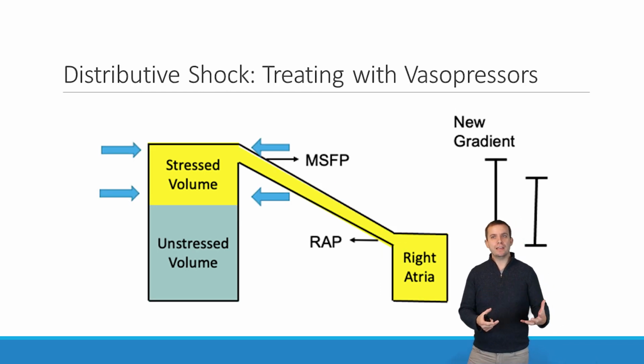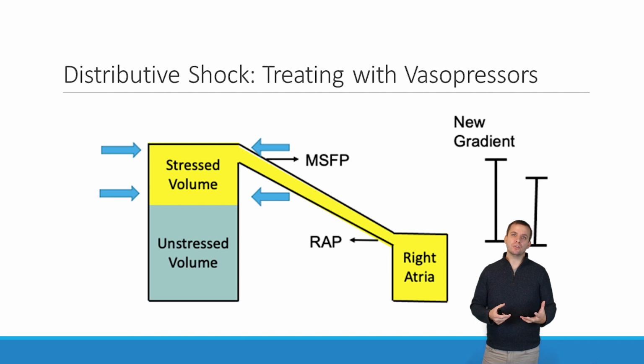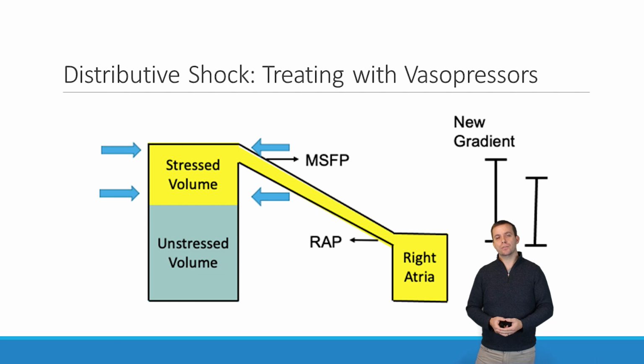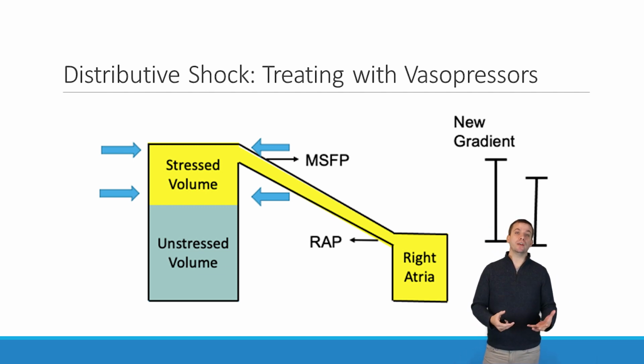Whereas if you treat with vasopressors, you're going to increase that stressed volume because you're squeezing down your venous reservoir and you're creating more stressed volume from unstressed volume. And that's going to increase that gradient back. So there are a lot of benefits to using vasopressors, and you can use vasopressors if you need. And I think a lot of people treat vasopressors as, I failed because I had to put this person on vasopressors.